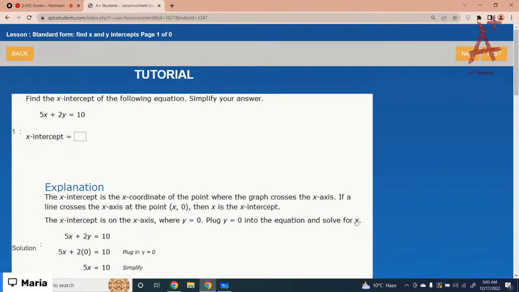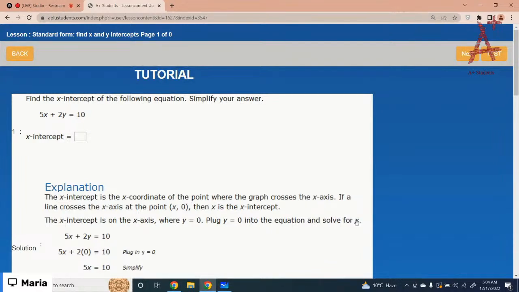So let's start with the first example. Find an x-intercept of the following equation. You are given an equation that is 5x plus 2y, and you have to find the x-intercept of the equation. Got it?